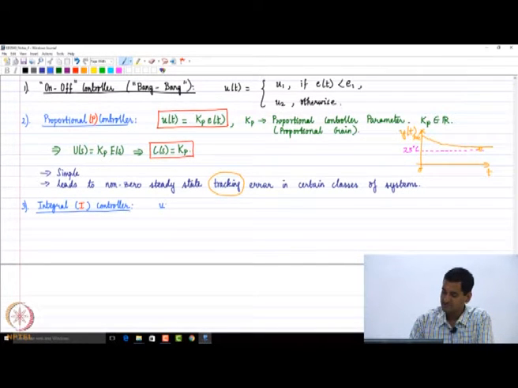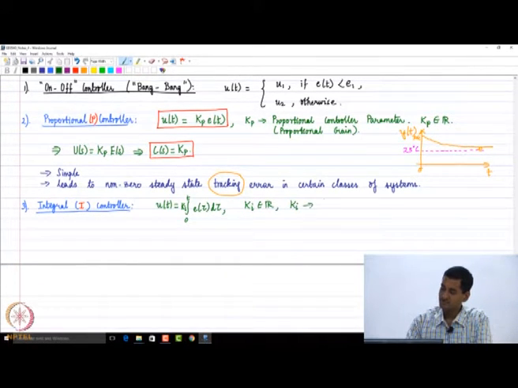As the name suggests, you just take the control input u of t to be the integral of the error over a time interval. So you just take u(t) equals the integral of e(tau) d tau, and then you multiply it by a constant Ki. Ki is once again a real number. Ki is what is called an integral gain.